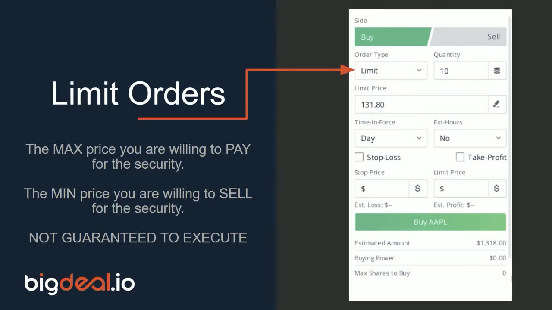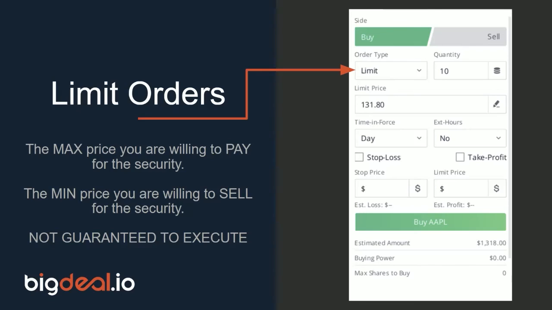Here, you can also take both sides of limit orders. So you can do the maximum price you're willing to pay. In this case, I am willing to pay $131.80 for this asset or security. I'm going to buy 10 of them.